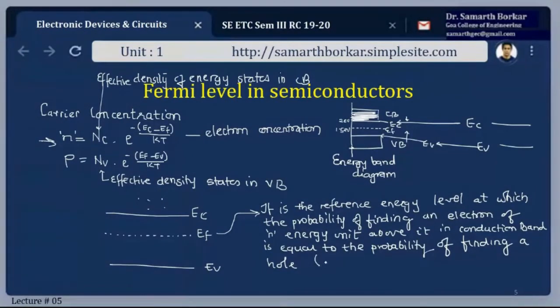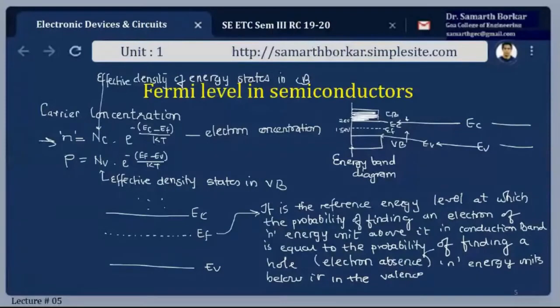And what is a hole? It is the absence of an electron, the absence of an electron of n energy units below it in the valence band.